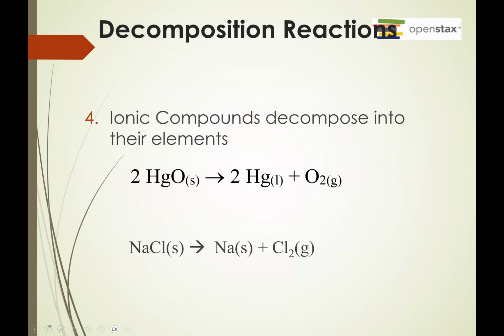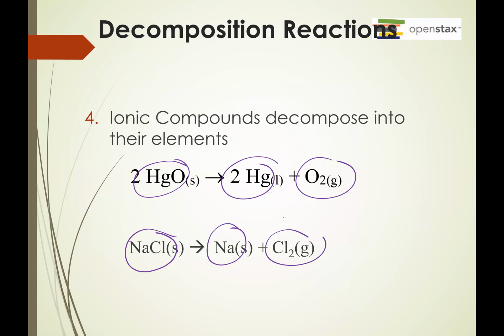Here's another one. Ionic compounds decompose into their elements. So this comes apart and makes the elements. This comes apart and makes the elements. So these are four different types of decomposition reactions.